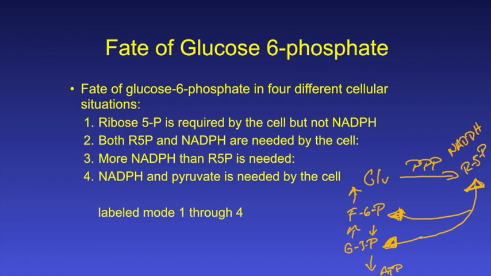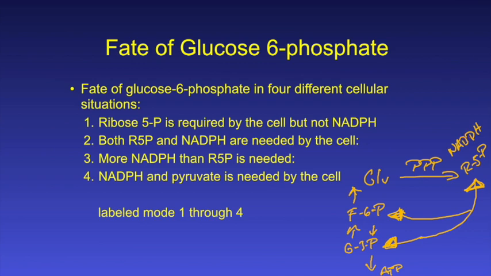If I need to make the ribose but no NADPH, can I go this way, through those reactions that I just showed you? No, because that will make NADPH. The reason why I might not need NADPH is because I have no NADP+. That would limit the reaction. Could I make ribose 5-phosphate if I can't make this?